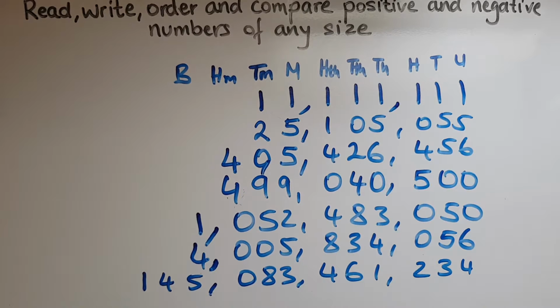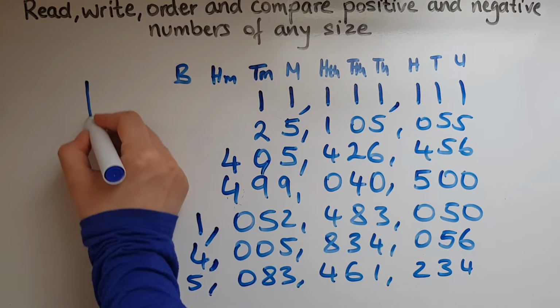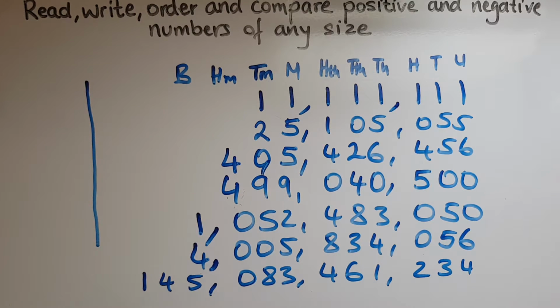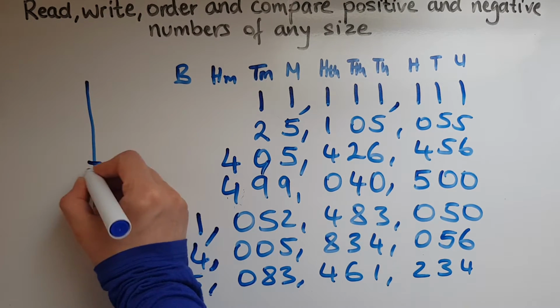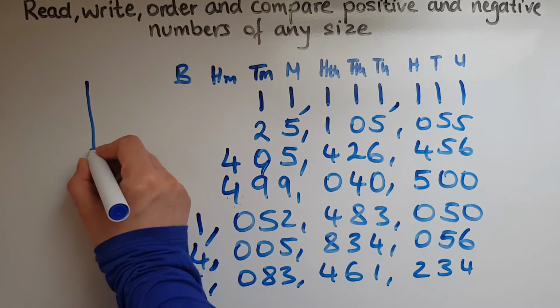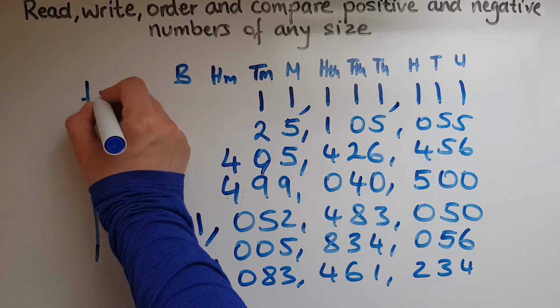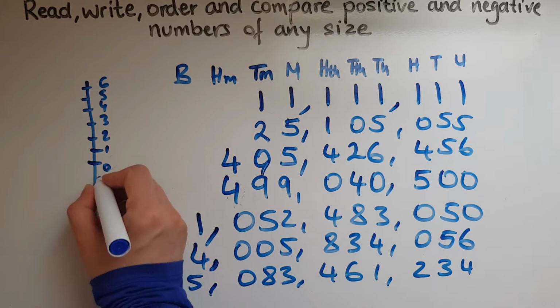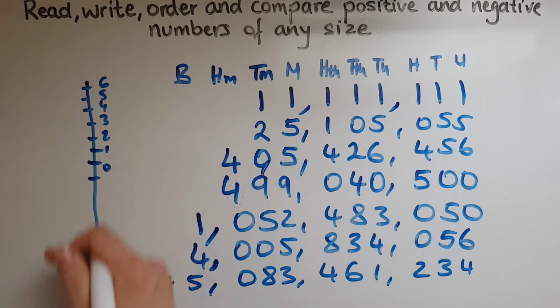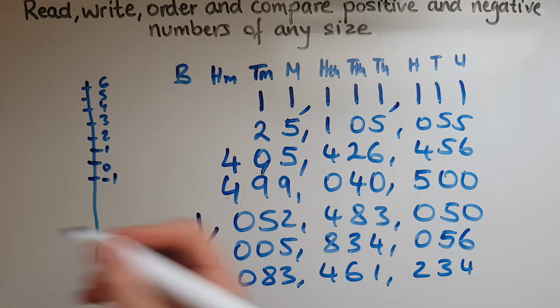In terms of negative numbers, we could benefit from referring to a number line or a thermometer. So if this is 0, this is going to be 1, 2, 3, 4, 5, 6, and so on. And then we go down to -1, like temperature.